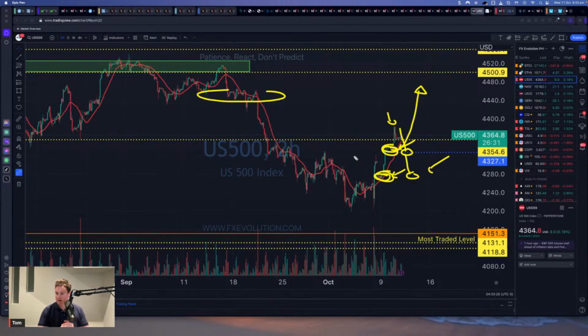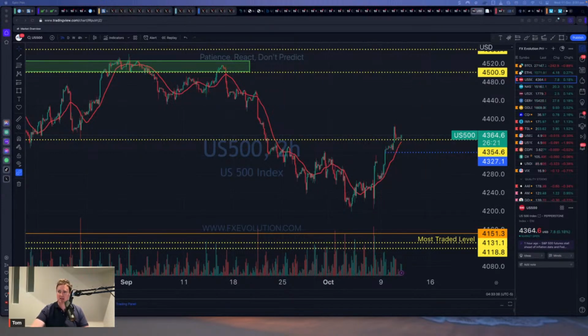We have a question coming in here. How many lots should we buy at a time? You should always risk the correct amount for your account. So, for example, some people say that could be about 1% of whatever your trade balance is. Some people say it's 0.5% of the risk of your account. Some people would even say it's lower.